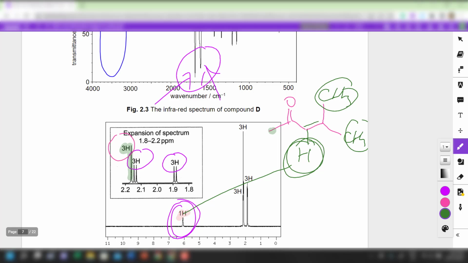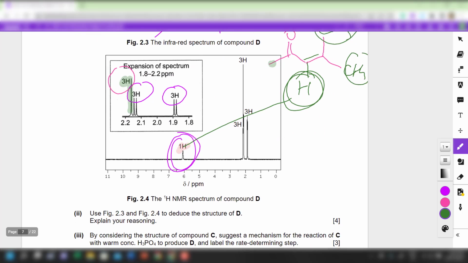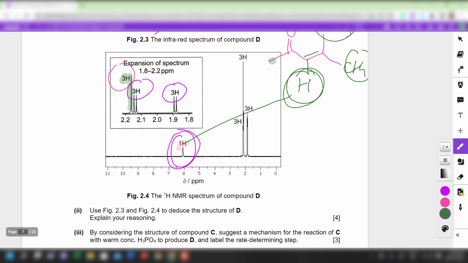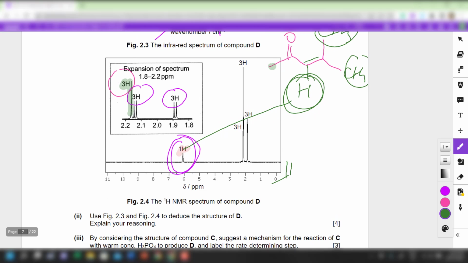They are non-equivalent because of the restricted bond rotation about the C=C double bond. So with that, I think we can confidently say that D is likely to have this particular structure. Those of you who are familiar with this will recognize it as what we call the aldol condensation product.